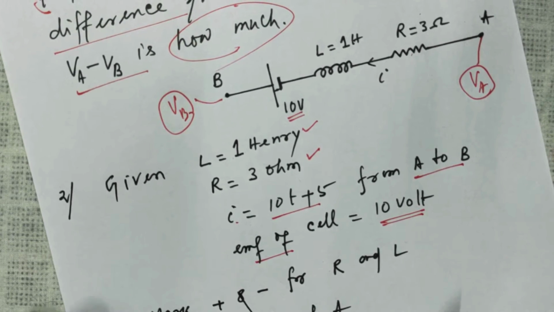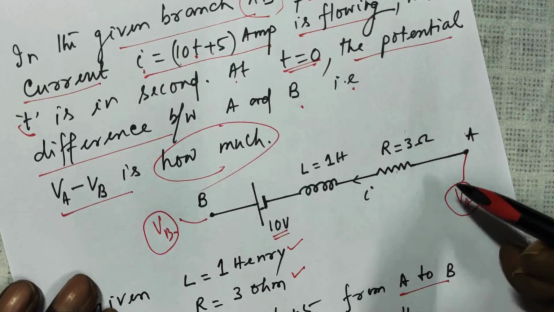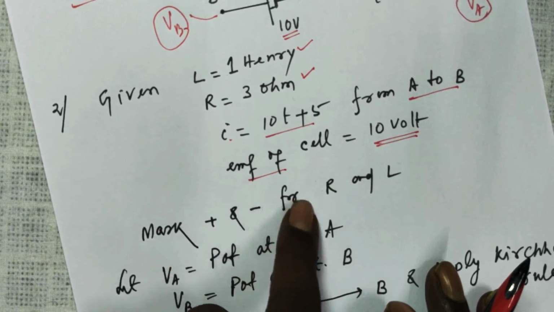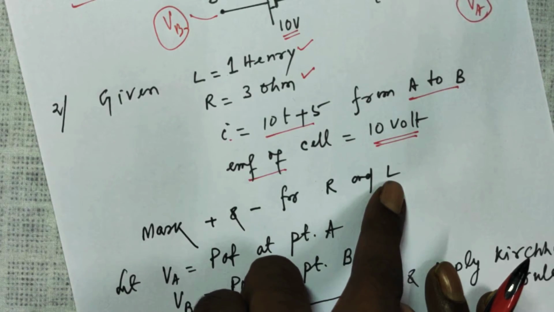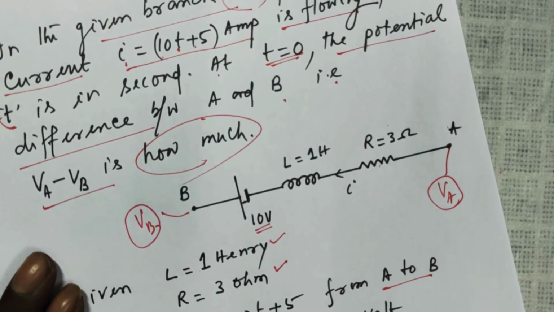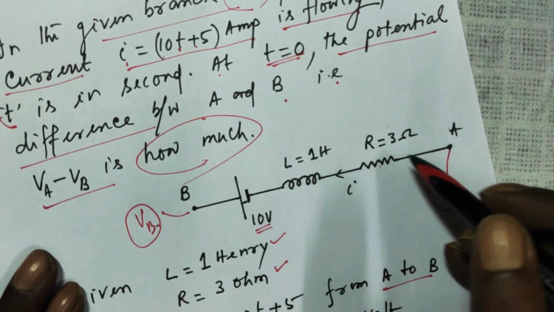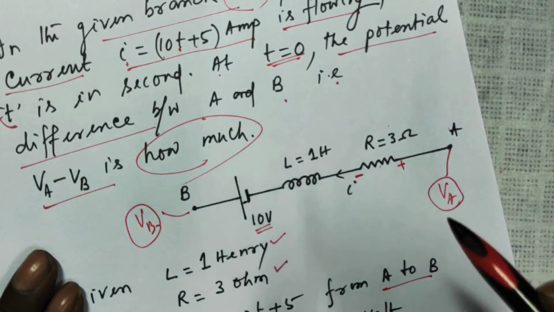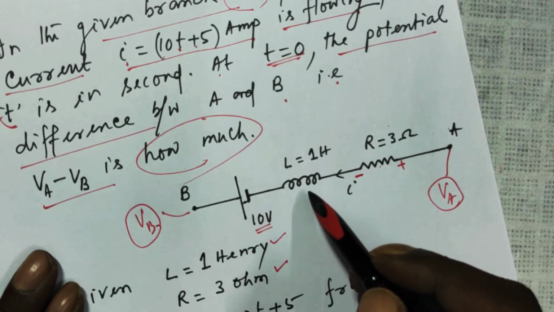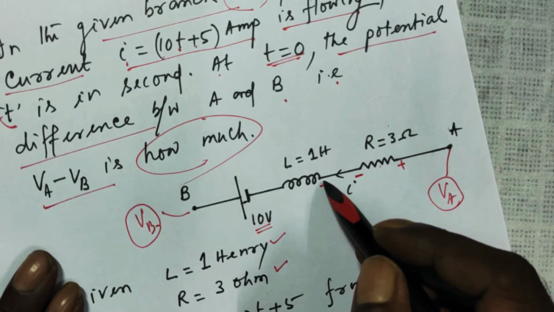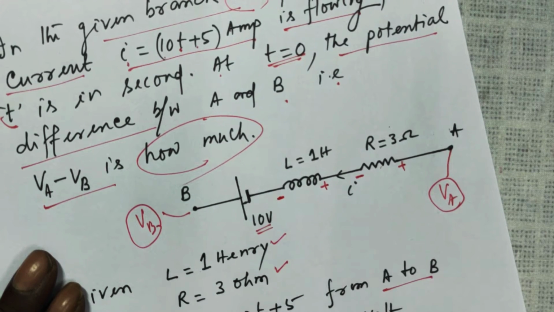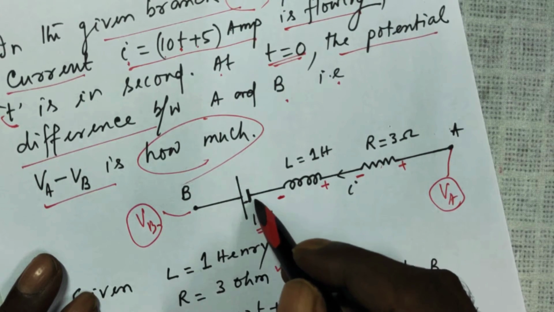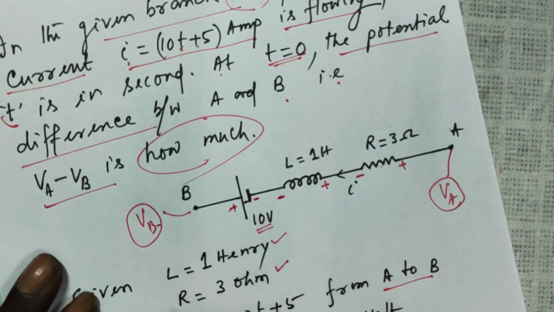The way I explained before, mark the positive and negative signs for the resistance and the inductor. Here the current is entering the resistance from this side, so this side is positive and this is negative. The current is entering the inductor from this side, so this side is positive, this is negative. This is the standard definition, negative and positive, that's all.